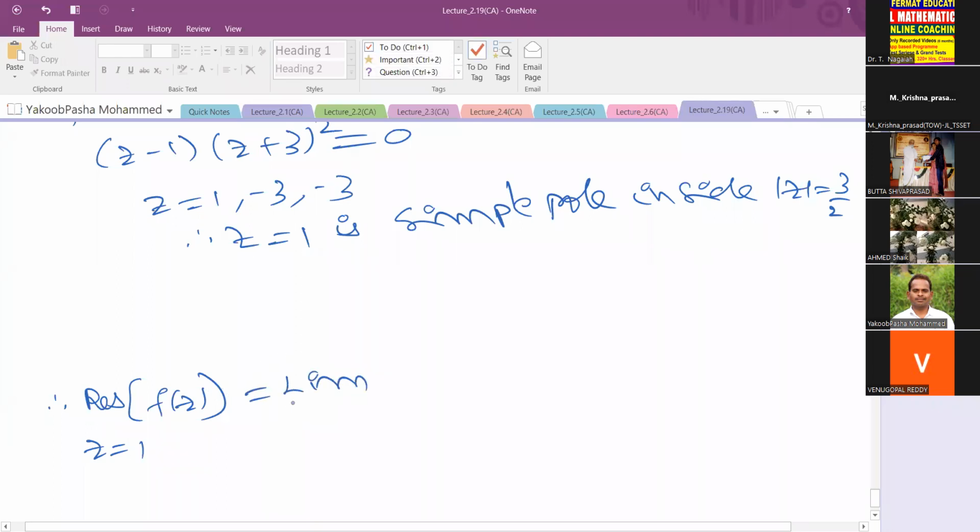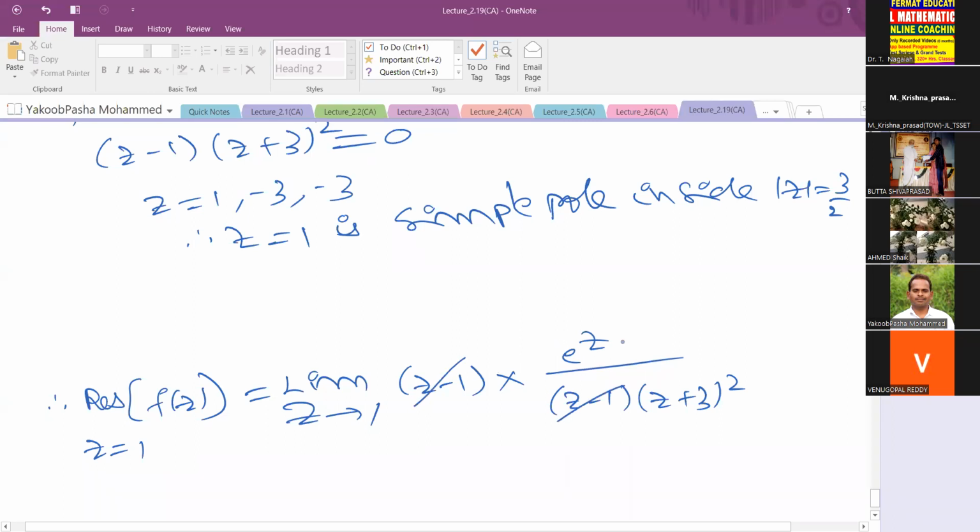That's why we can write limit z tends to 1, z minus 1 into the function e power z divided by z minus 1 into z plus 3 whole square. So z minus 1 will be cancelled. Apply z is equal to 1 here. So we get e by, this is 1 plus 3, 4, this is 16.